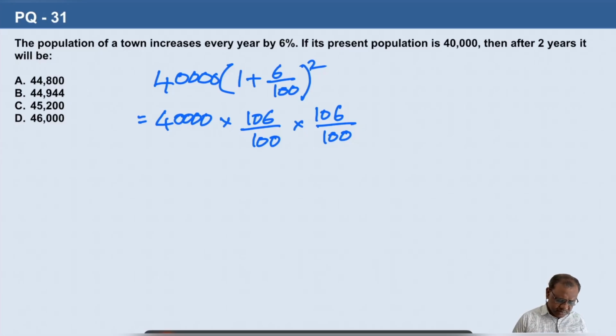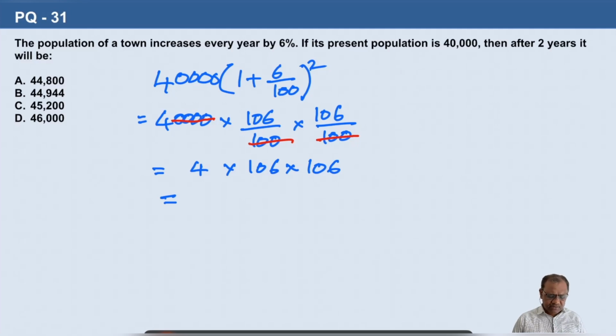Simplify. 4 zeros will get cancelled here. We have to multiply 4 and 106 and 106. Instead of multiplying completely, let us check the units digit. 4 into 6, 24. The units digit is 4.